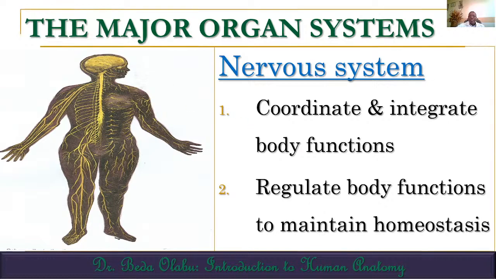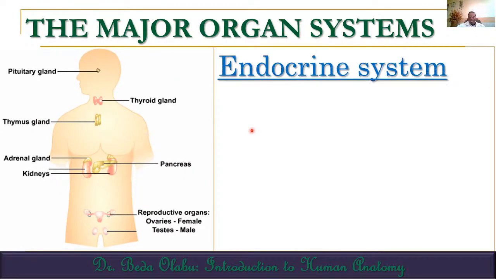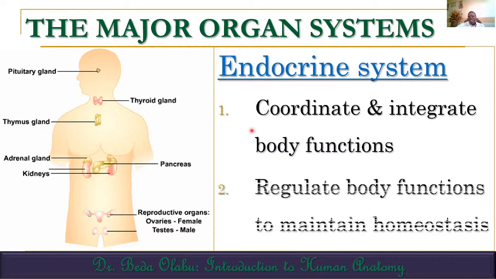Closely related to the nervous system is the endocrine system. The endocrine system is concerned with some glands or cells which secrete chemical messengers that are called hormones. So in terms of function, the endocrine system and the nervous system still perform the role of coordination and integration of functions, and also maintaining some homeostasis.